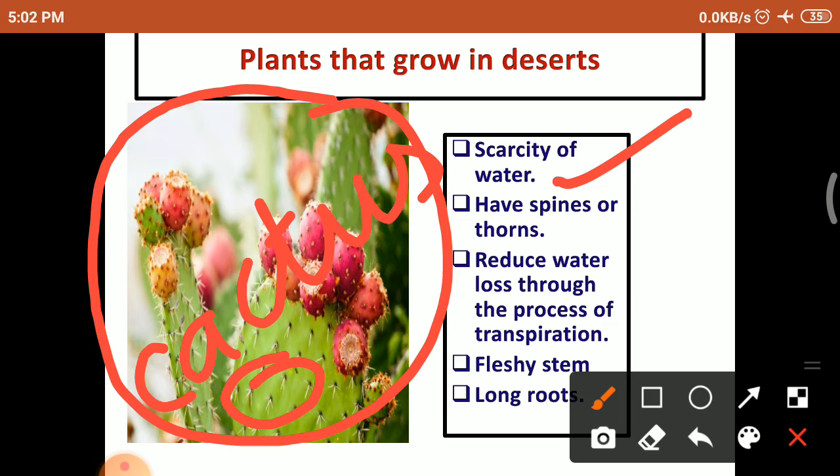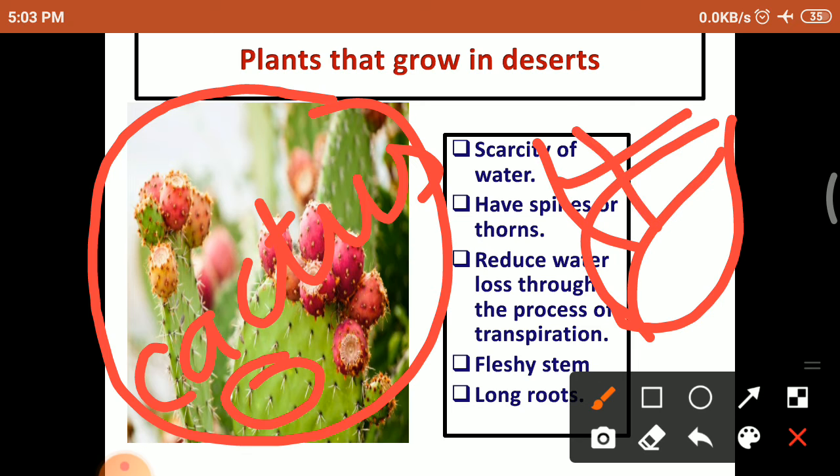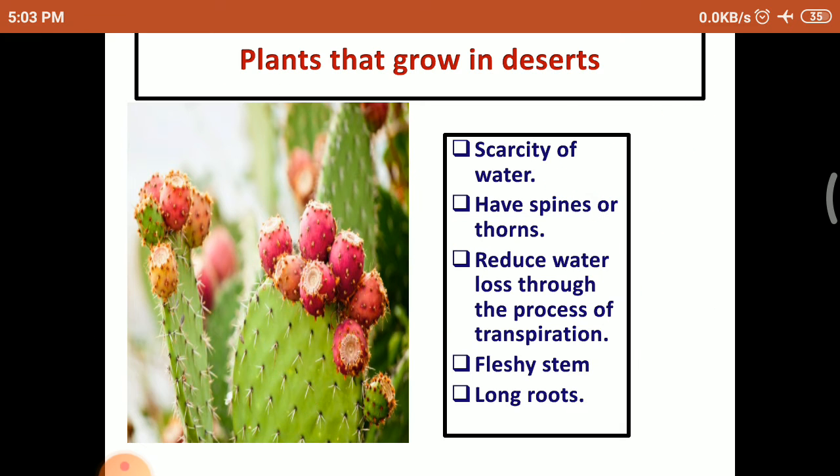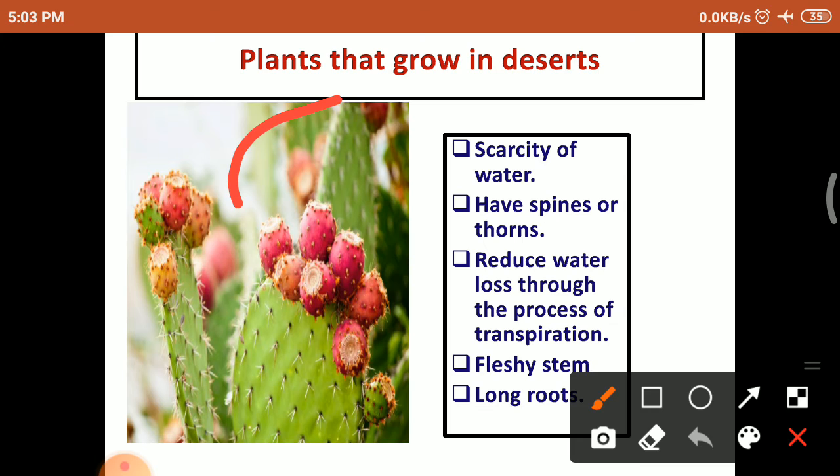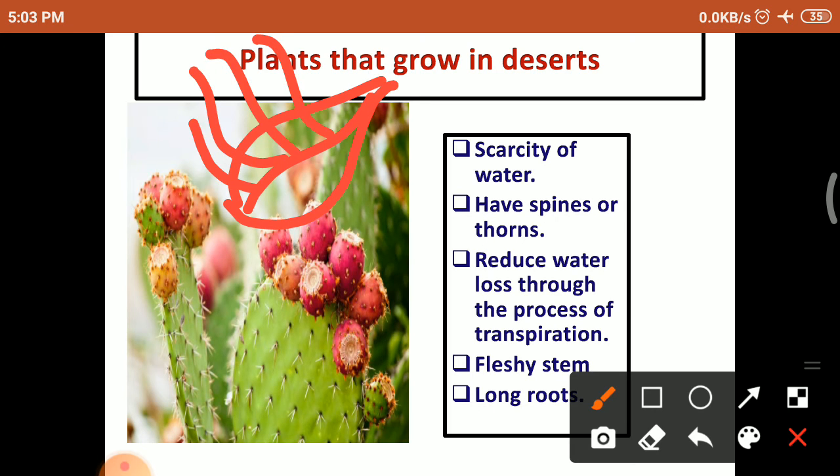Because it reduces water loss through the process of transpiration. You know that if you take a leaf, through the leaf the water is evaporated. This evaporation process is called transpiration.